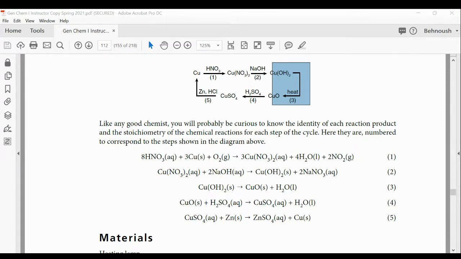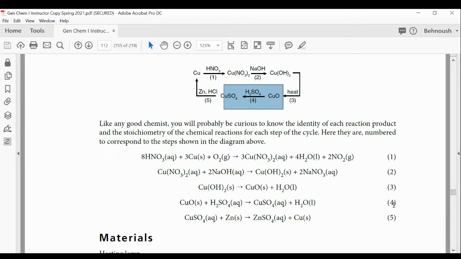Experiment 4, you are going to add sulfuric acid to copper oxide. Copper oxide is a solid compound, and the state is given in the experiment reaction labeled here 1, 2, 3, 4, 5. So we know that copper oxide is solid. After you add the sulfuric acid, what type of reaction is taking place there?